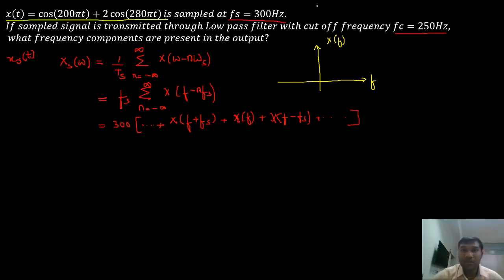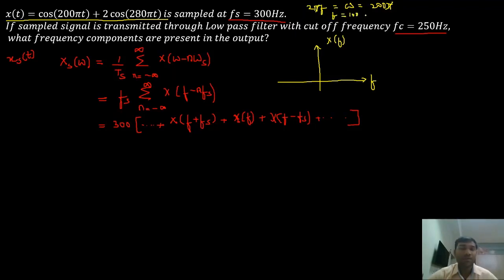The first one is cos 200 pi t. If I compare this with cos omega naught t, my omega is going to be 200 pi. Omega is nothing but 2 pi f, so what will be my f value? Pi cancels, 200 by 2, so f is going to be 100.